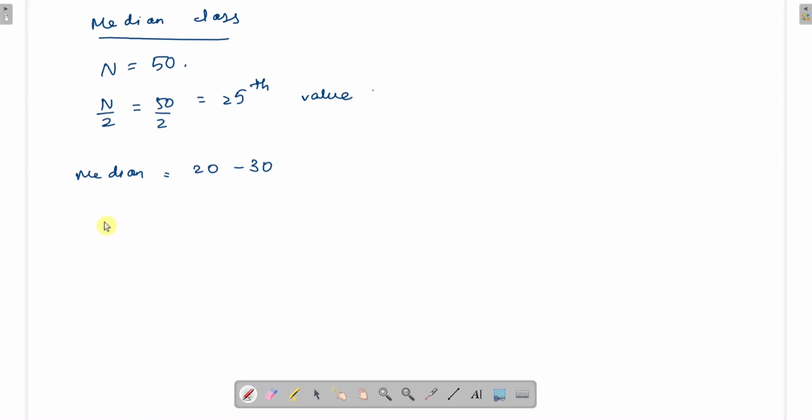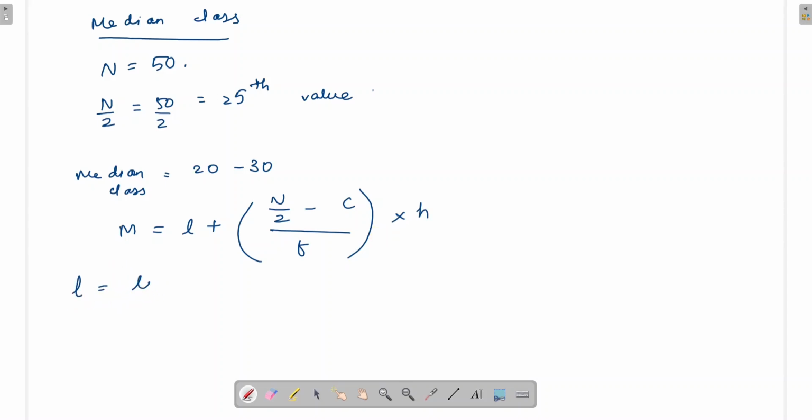Now we have to calculate the median. This is the median class. So median is given as follows: M is equal to L plus (N by 2 minus C) divided by F, into H. Let us see what these notations are.